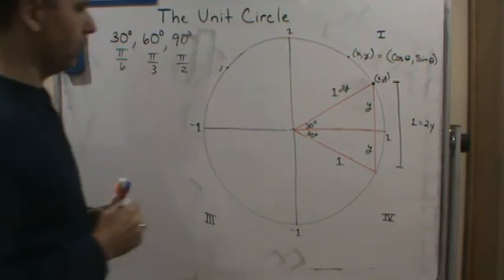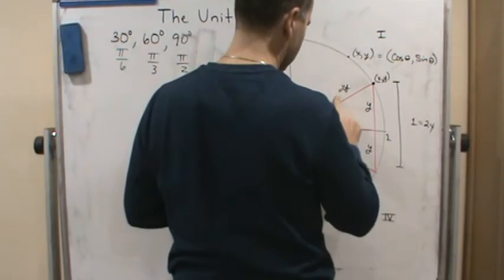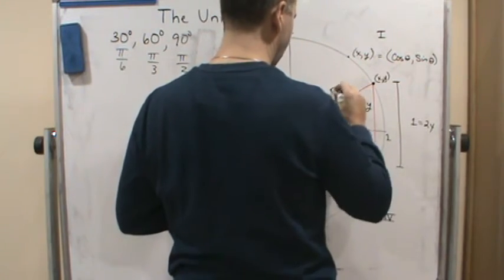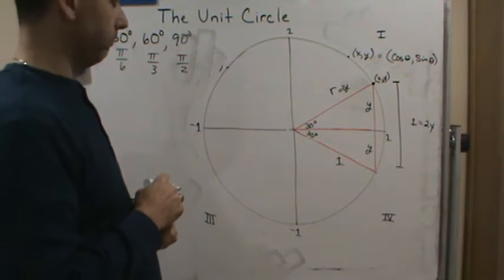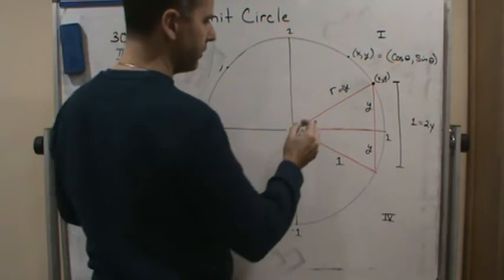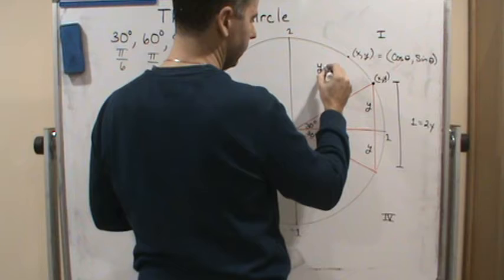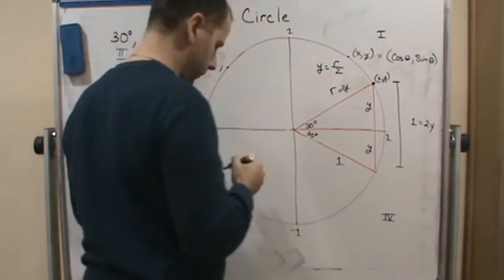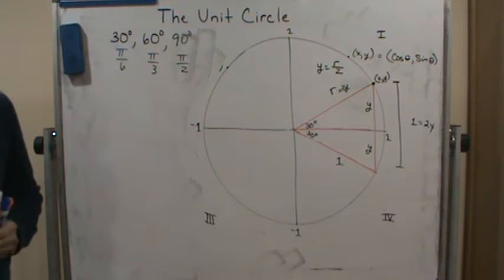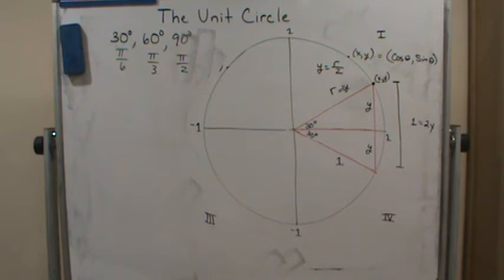Or in general, r is equal to 2y. Which also tells us that y is equal to r over 2, or 1/2 of r, if you want to look at it that way.